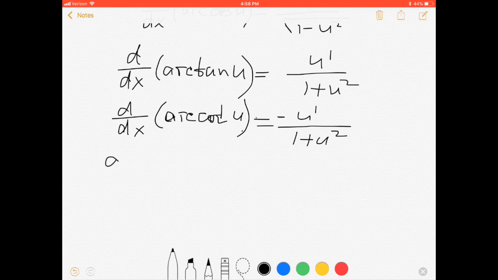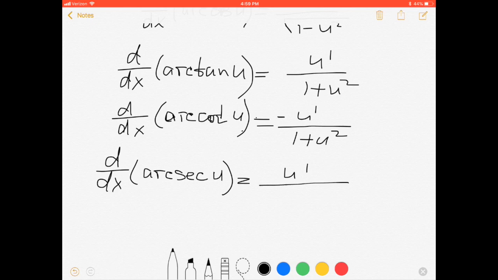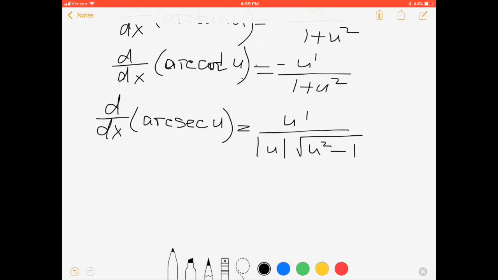Arcsecant and arccosecant, our last pair. Arcsecant u will be u prime over absolute value of u times square root of u squared minus 1.